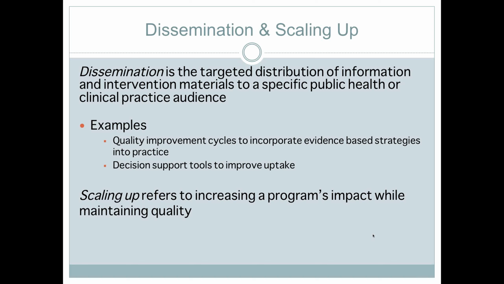And as more and more people start doing the program, you get less of an effect because parts of the program get lost as it moves from setting to setting. And so scaling up prevents that effect from happening. You want to increase the impact. You want to have a wider area, more organizations doing the program, but you want to keep the quality exactly the same as when it was just happening in one site.